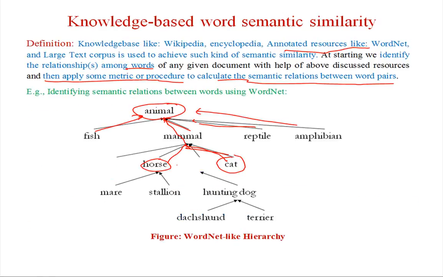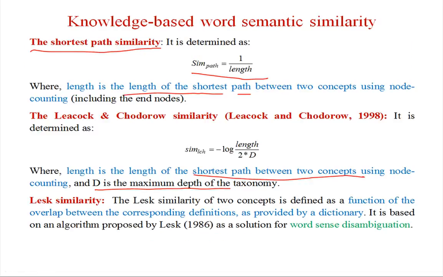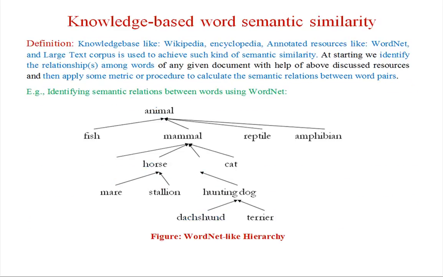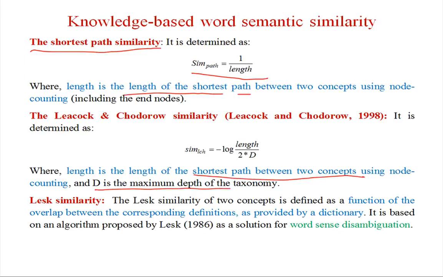Here it takes the depth of horse and the depth of cat, and the LCS depth will be 2 here. By calculation we can get the similarity score between horse and cat.